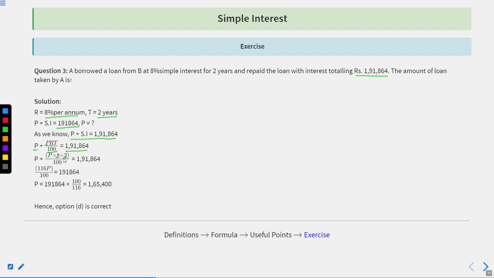So when you put the values and simplify it, you will get 116P upon 100 equal to 1,91,864. So P is equal to 1,65,400. So that means initially amount taken by A as a loan from B is 1,65,400 rupees. So the option correct here is option D.